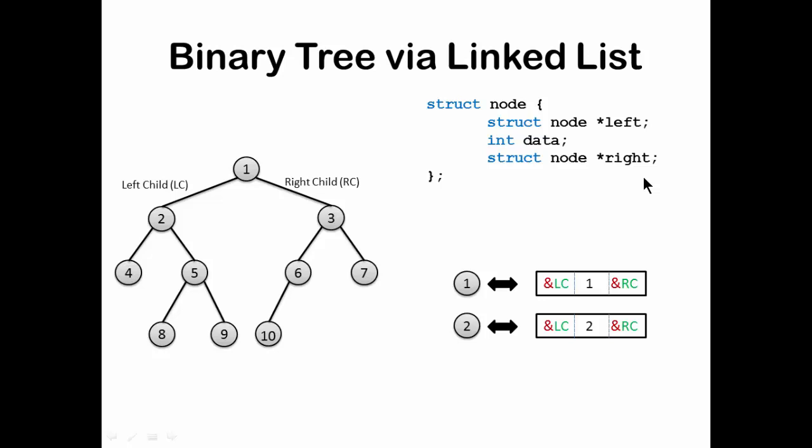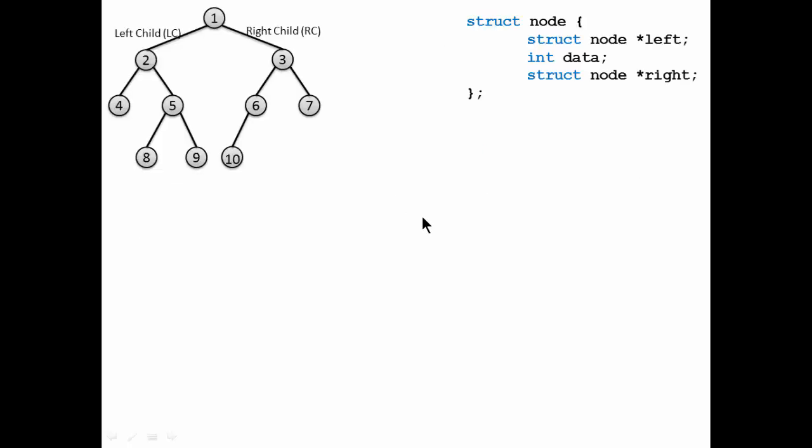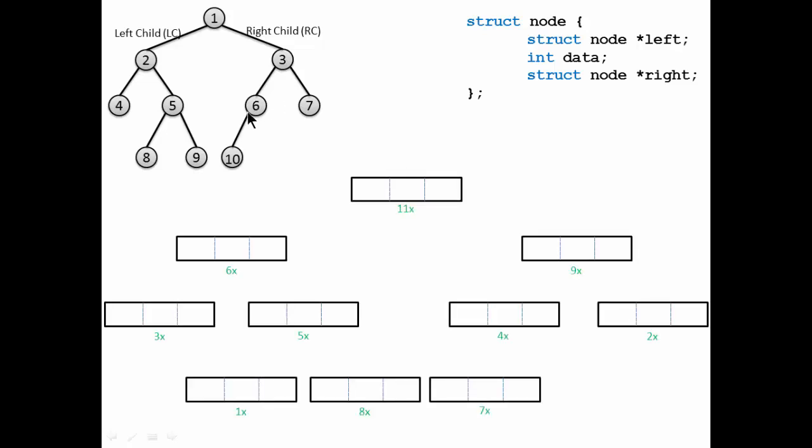Similarly, all the nodes will be populated in this fashion. So my binary tree which is given over here would look somewhat like this. Each node or circle is now represented by the node, and along with it I have attached the assumed addresses of the nodes in the memory.